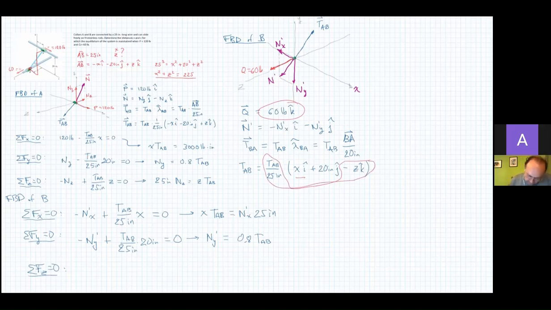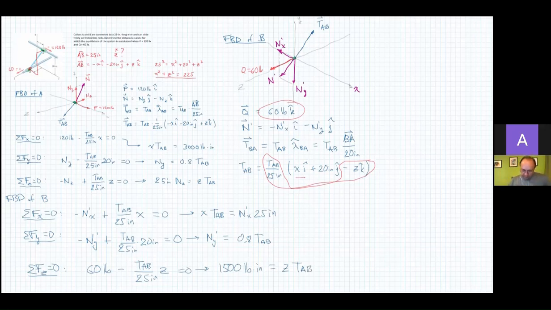So it's 60 pounds minus TAB over 25 inches, z, equals 0. From here we get 60 times 25, 1500 pound-inches, equals z TAB.